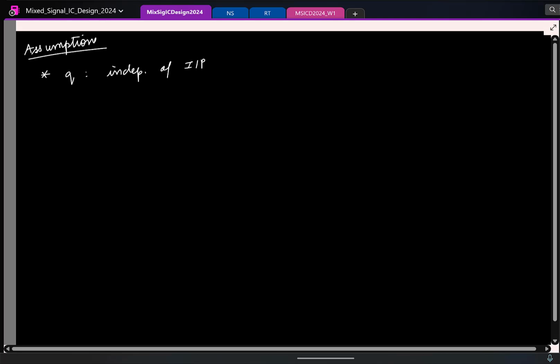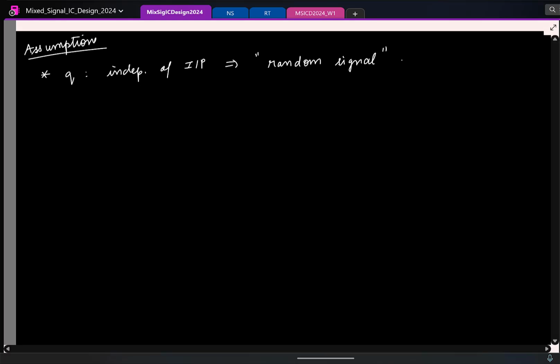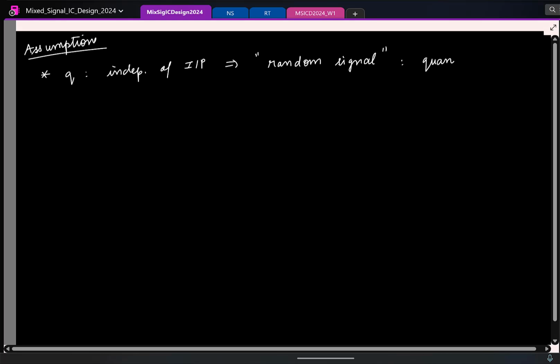Which means I can treat it like a random signal. Again, there might not look any basis for this, but as we'll see, this holds reasonably well. So since we treat it like a random signal, we also call this quantization noise.